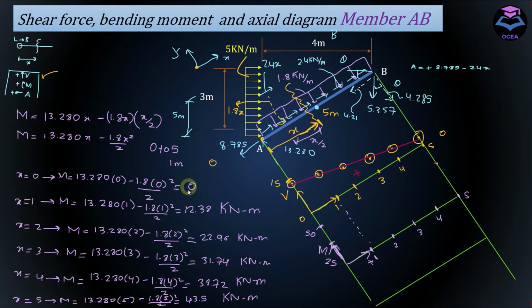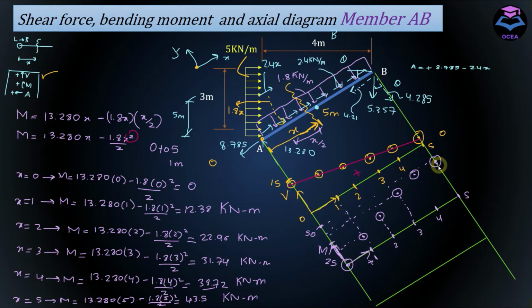And at x equals 0, M is equal to 0. At x equals 1, M is equal to 12.38. At x equals 2, M is equal to 22.96. The highest power of x in this equation is 2, which means that it represents a second degree curve or a parabola.